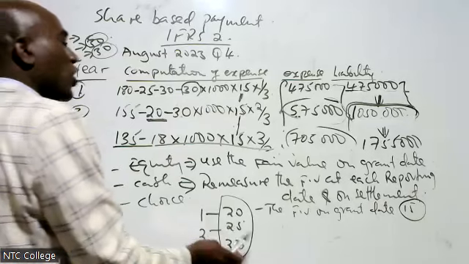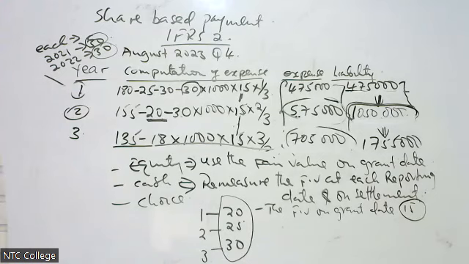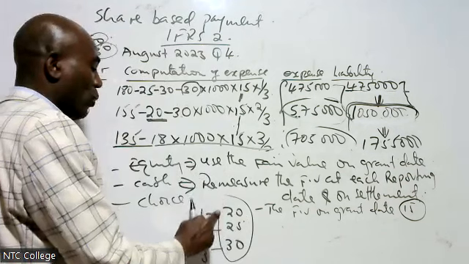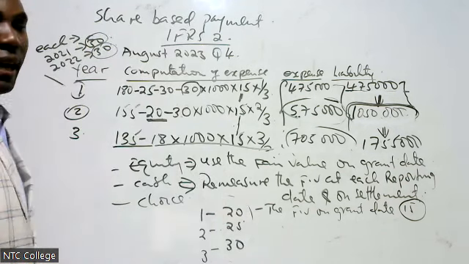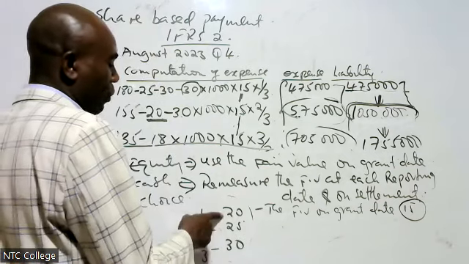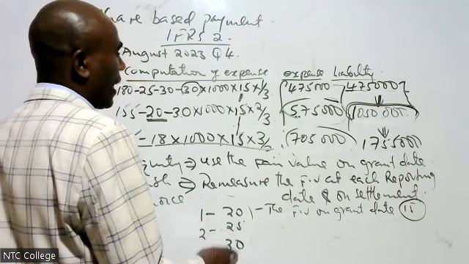But if the question is cash settled, then I will be using the fair value at the end of each year. Here the examiner has given me at the end of year 1, 20; end of year 2, 25; end of year 3, 30.